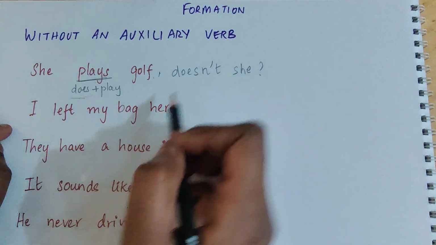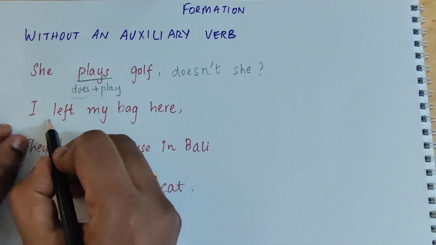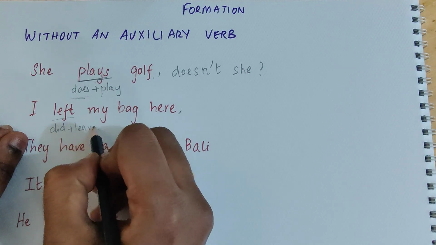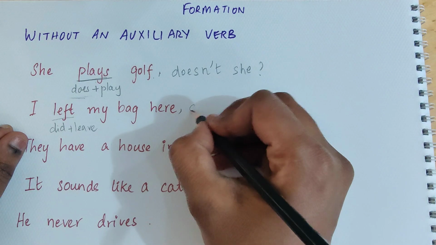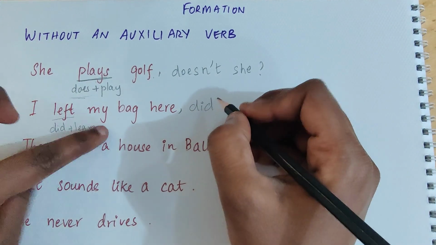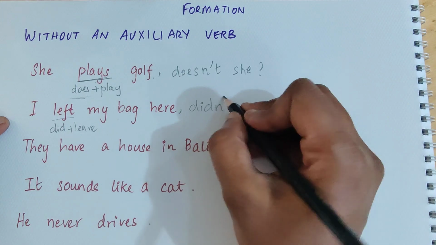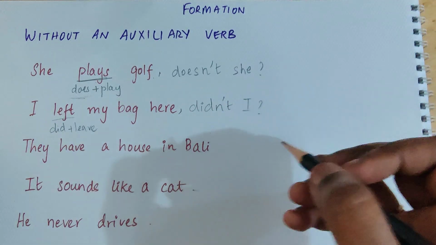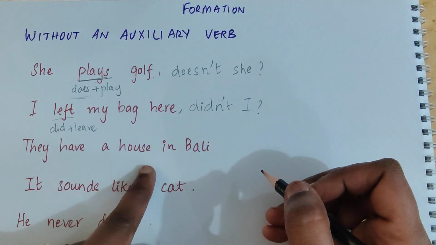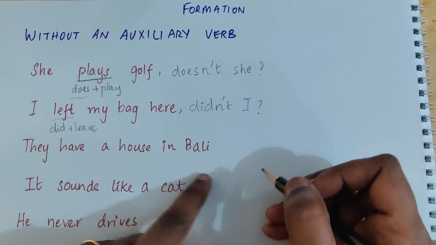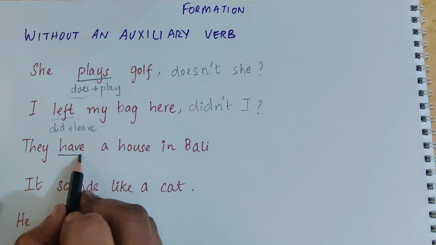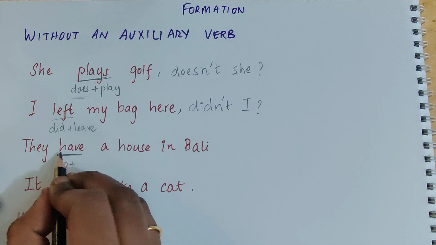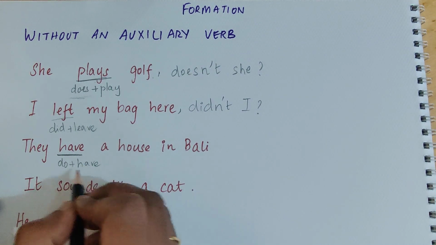I left my bag here. Left is did plus leave, so it is in past tense. Did. This is a positive statement, so negative tag: didn't I. They have a house in Bali. See here, have comes as a main verb, do plus have.